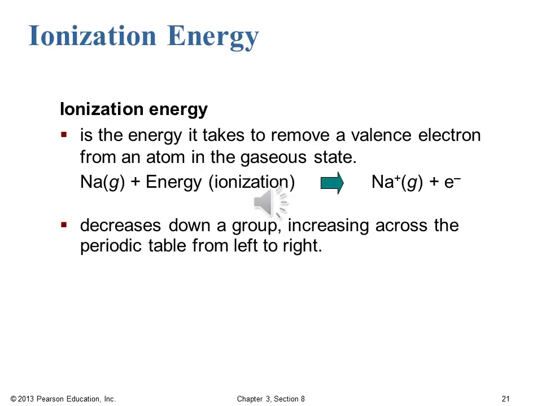If the leftmost are the ones with the largest radius and therefore the electrons least attracted to their nucleus, it should not take as much energy to remove an electron from that type of element compared with an element to the extreme right of the periodic table, like the noble gases that are very happy with their electron configuration, and it's much more difficult to remove an electron in that case. So as you move down the table, the periodic property of ionization energy decreases. As you move from left to right, ionization energy increases.